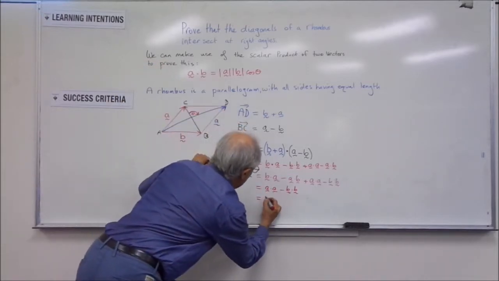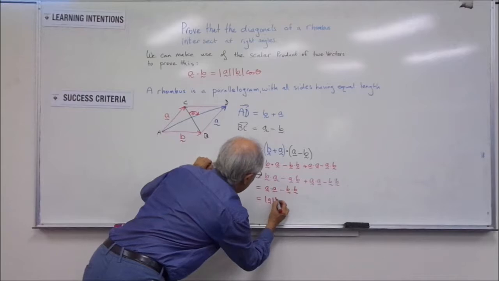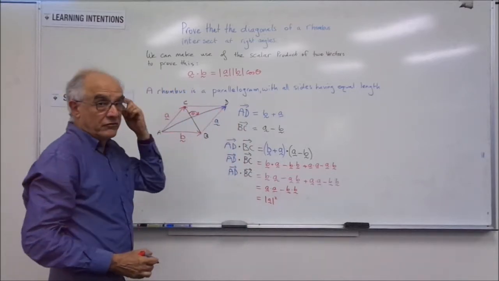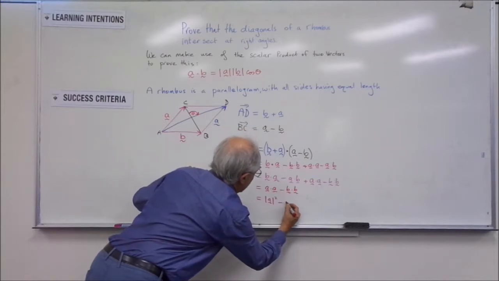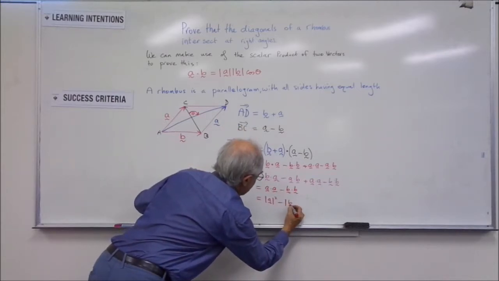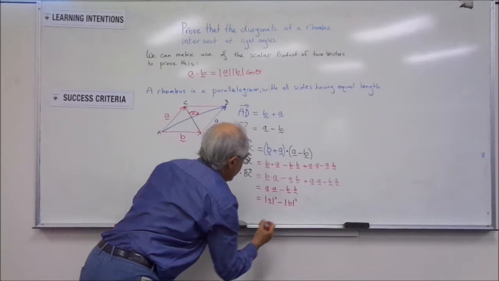That will be equal to the magnitude of A squared, because cosine 0 is 1. And B dot B will be the magnitude of the vector B squared.